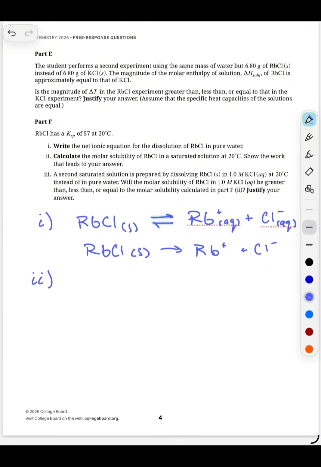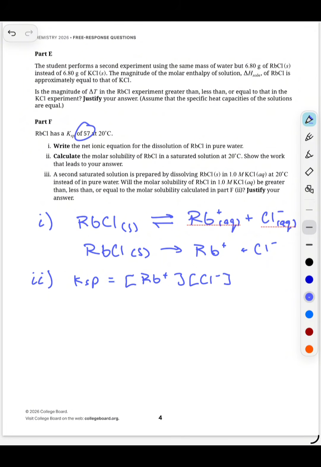For (ii), it wants us to calculate the molar solubility of the KCl in a saturated solution at the same temperature, and then they want us to show our work. So then we can use the Ksp expression, where Ksp is equal to the molarity of our ions multiplied by each other. And then they give us the Ksp, which is 57, and then we just plug in our variables for both of these.